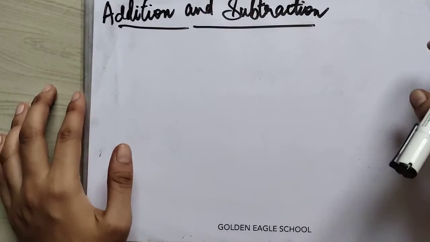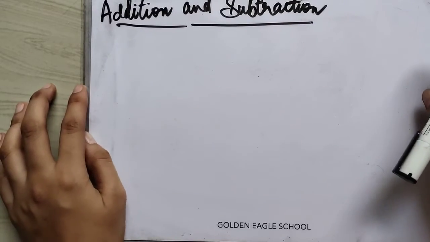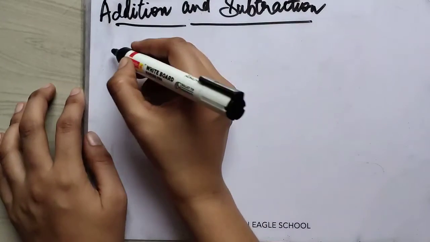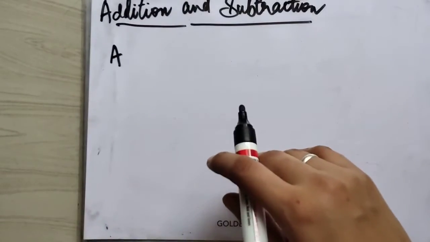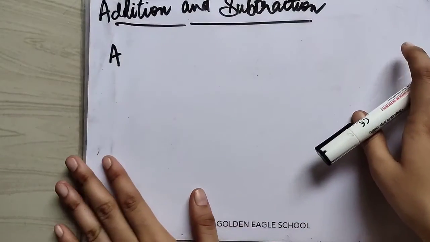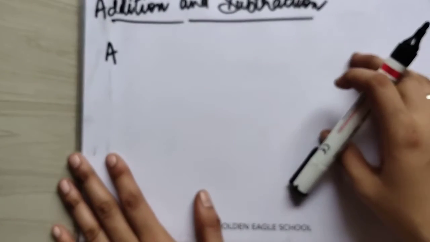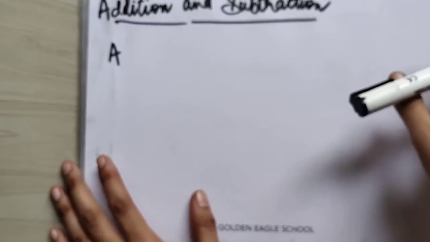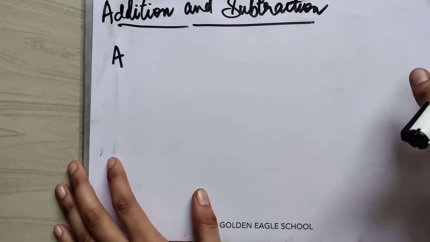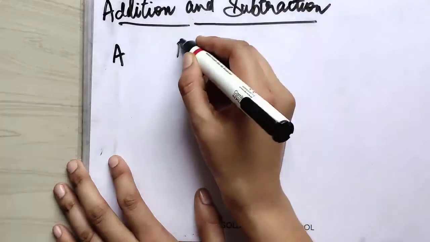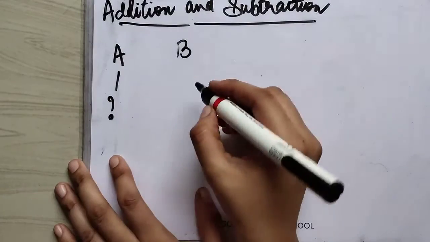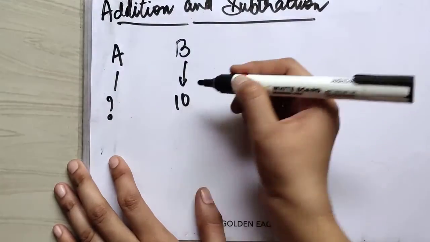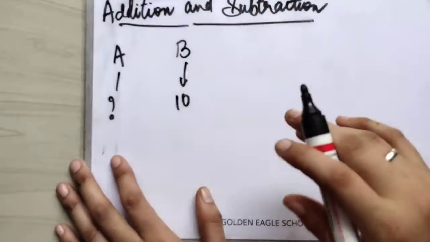Okay. For example, if some person A has some number of marbles, and some other person B has some other number of marbles. For example, here we don't know how many. Here we know he or she has 10 marbles.